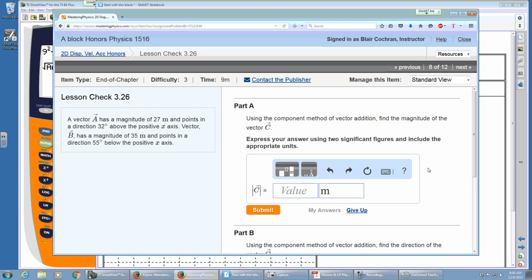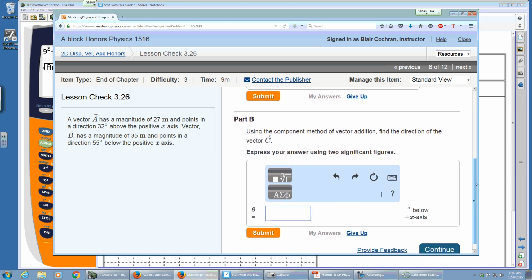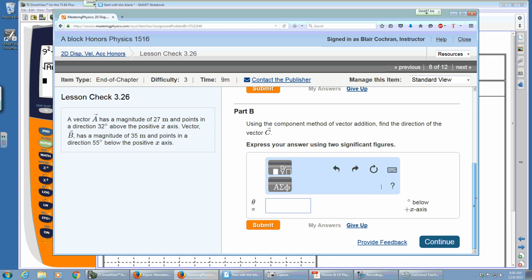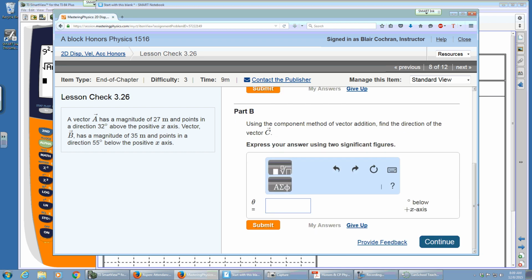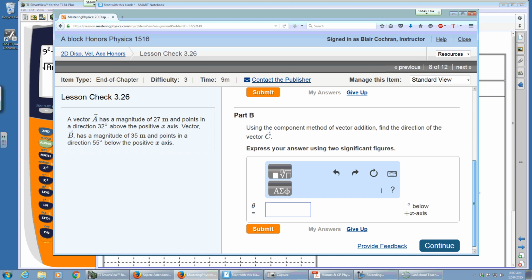Use the component method of vector addition to find the magnitude of vector C. So we're adding those two to get C. Well, I'm assuming they're saying A plus B equals C. It'd be nice if they actually said that, but using the component method, find the direction of C. All right. And that's degrees below the positive x-axis.